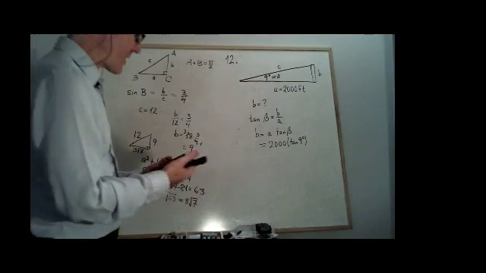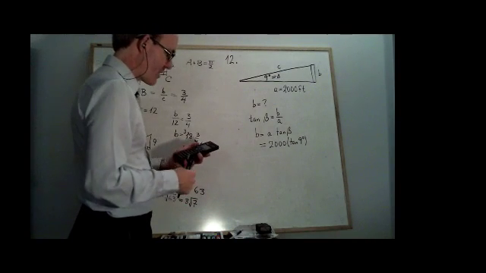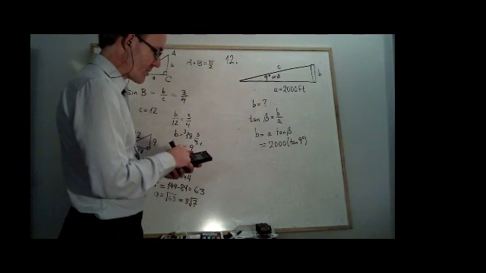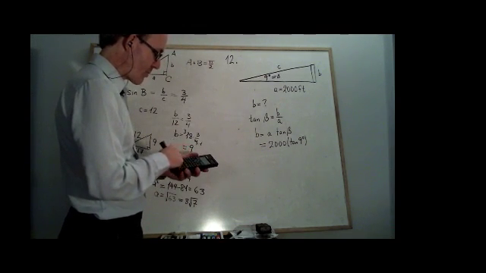Because this is 9 degrees, I can't just put it into my calculator, I have to change my mode first. So I go 1, 2, 3 like I did before, and I type in 1, which will give me degrees.